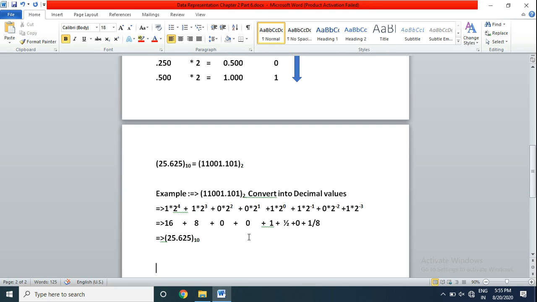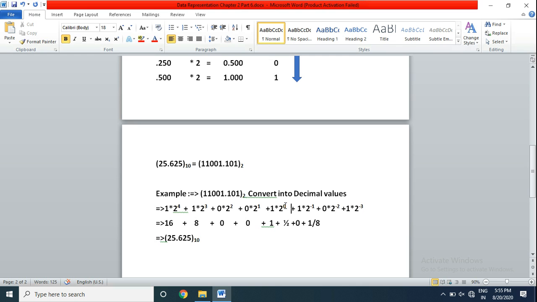Another example: if a binary number is given with a point, then we have to convert it into decimal values. The basic rule is the same as we discussed in earlier videos. First we write all these numbers separately: 1 1 0 0 1 . 1 0 1. Then we multiply all these numbers by 2. After that we add the powers.